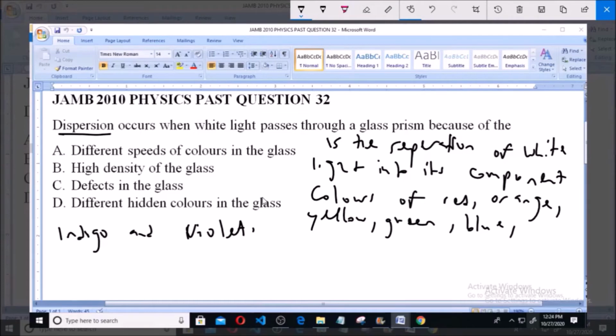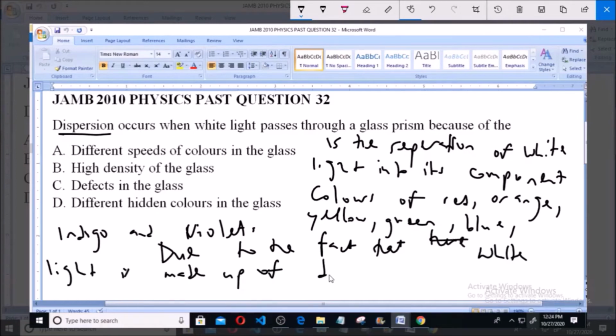Now, this phenomenon is due to the fact that white light is made up of different colors which travel at different speeds through the glass prism.